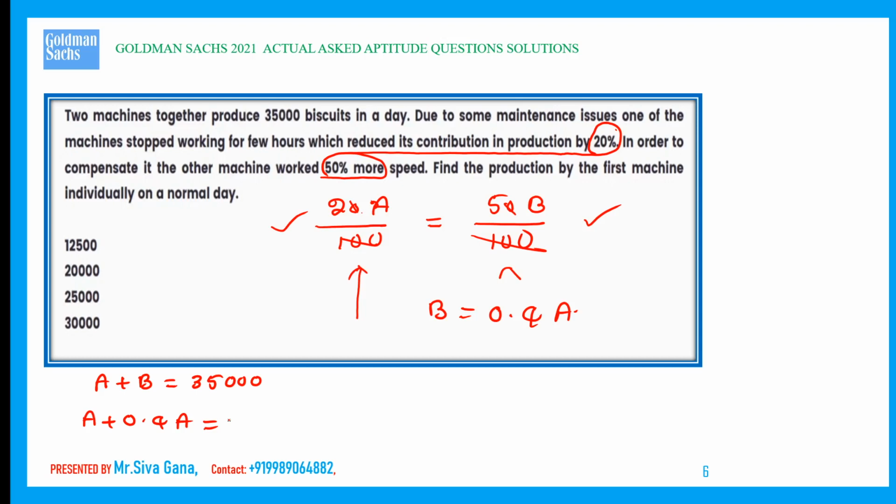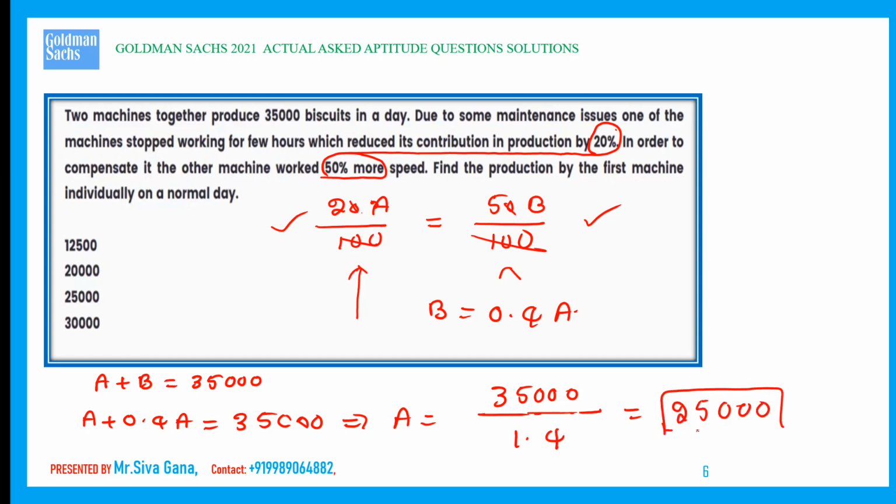0.4a is nothing but 35,000. So the production of A is 35,000 divided by 1.4. Make use of the on-screen calculator. I got 25,000. Good question.